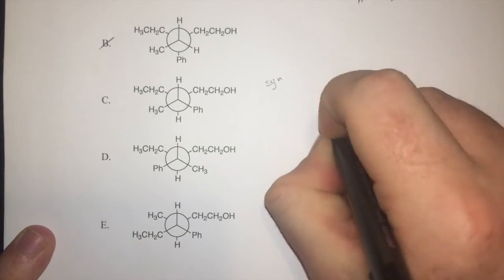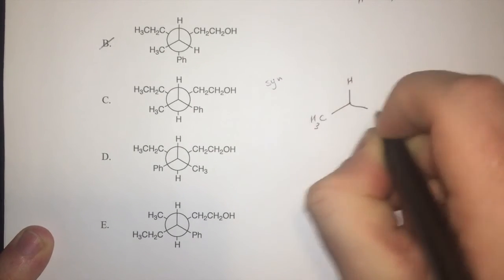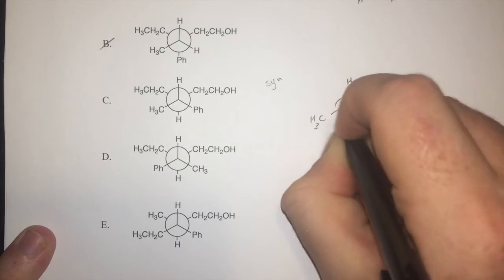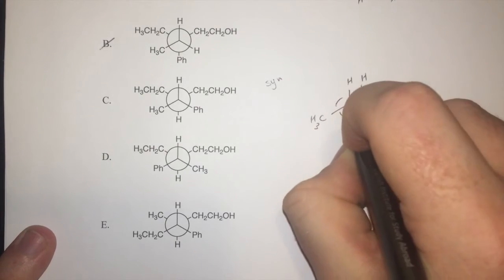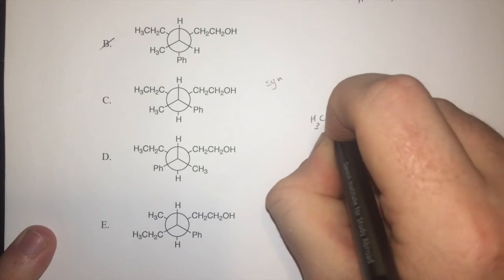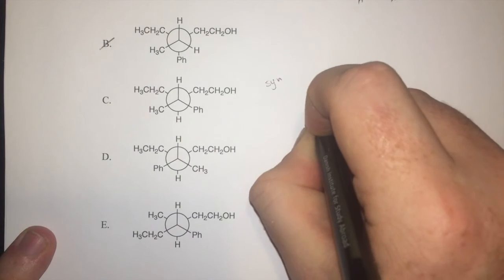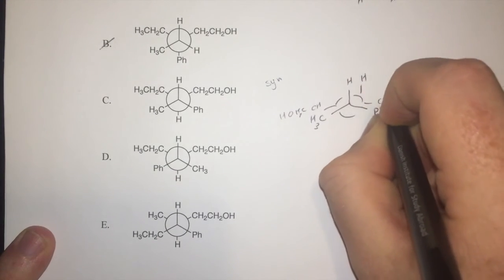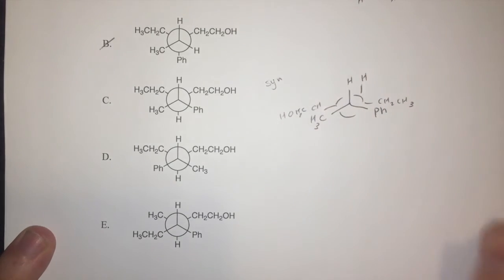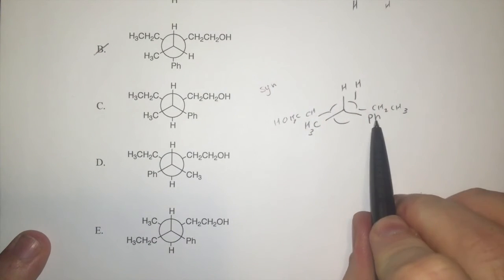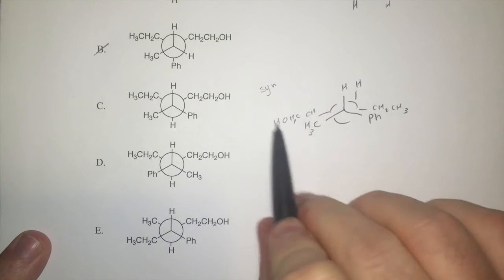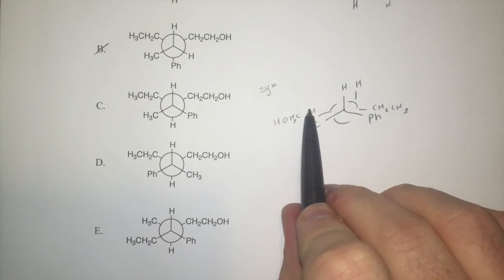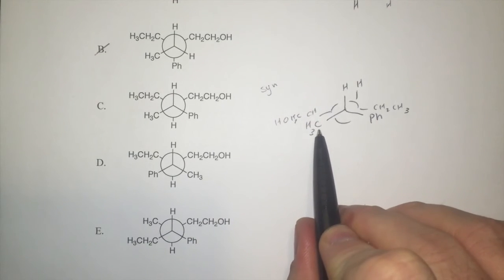If I do that, the front carbon stays as is, and on the back carbon I'll see the hydrogen there, the CH2OH here, and the CH2CH3, the ethyl group, over there. So in other words, the ethyl group's on the same side as the phenyl, and the hydroxyethyl will be on the same side as this methyl group over here.